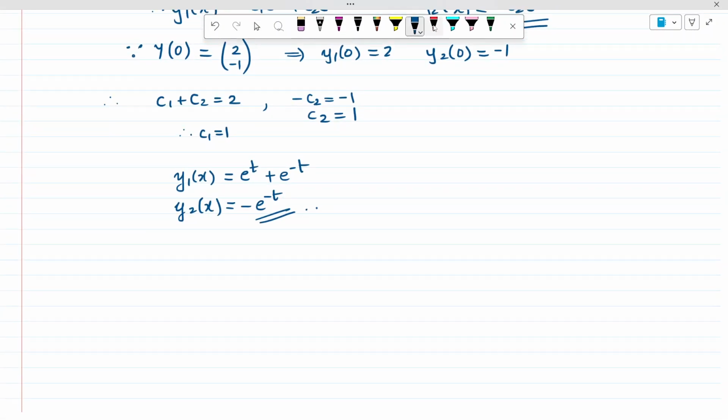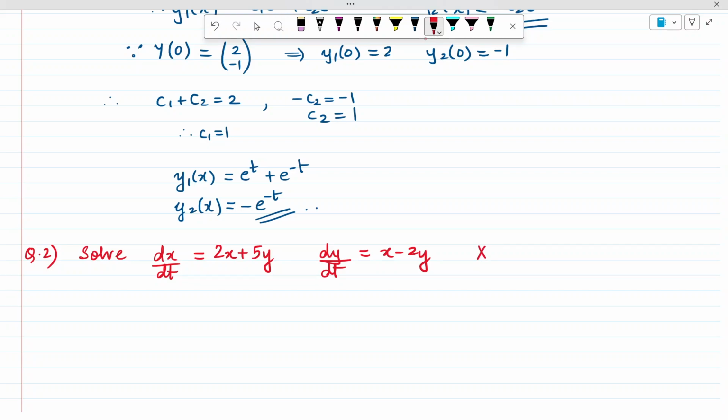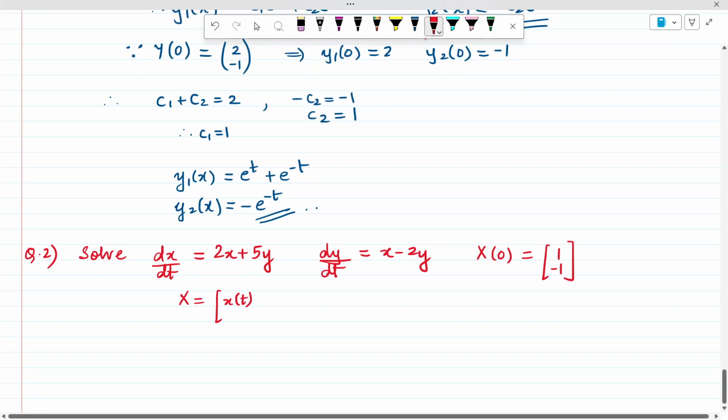Let's look at the last question. The question again says solve dx by dt equals 2x plus 5y, dy by dt equals x minus 2y, where capital X at 0 is (1, -1), and capital X is given as (x of t, y of t).